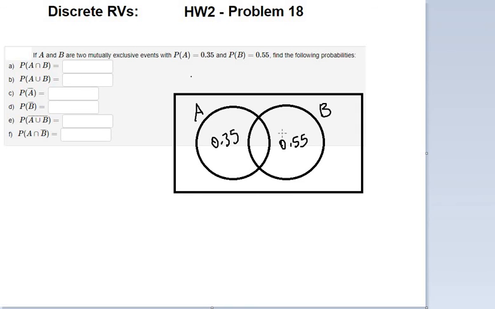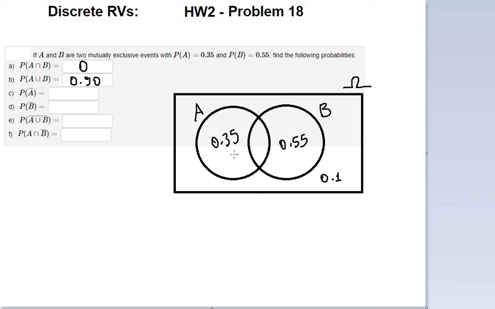We know that they are mutually exclusive, so their intersection is the empty set, but the total probability has to be 1. 0.55 plus 0.35 is 0.9, so we have to add 0.1 outside of event A and outside of event B, which is the total sample space, omega, the 100%. So probability of A intersect B is 0% because they are mutually exclusive. Probability of A union B is the sum of 0.35 and 0.55, which is 0.9, 90%.